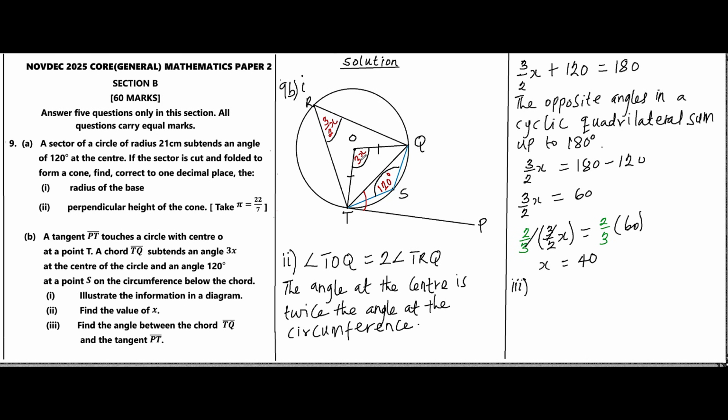So if there is a radius of the circle, this particular angle, I'm naming the angle here as A, will also have the same measure as this angle. Remember, triangle OTQ is an isosceles triangle, and we know that in an isosceles triangle, two of its interior angles have the same measure.